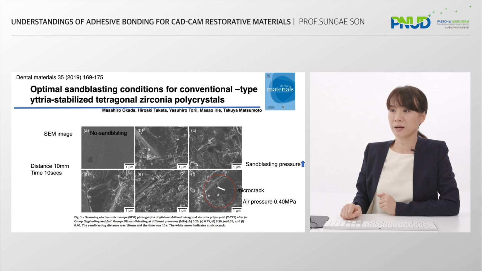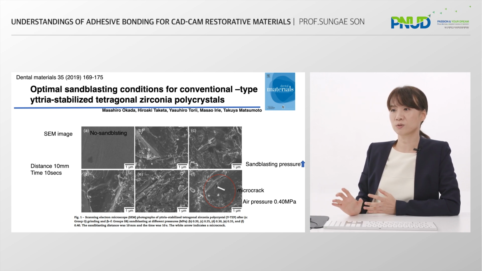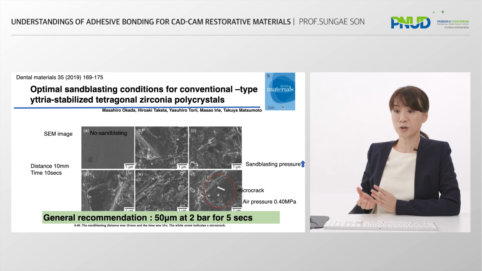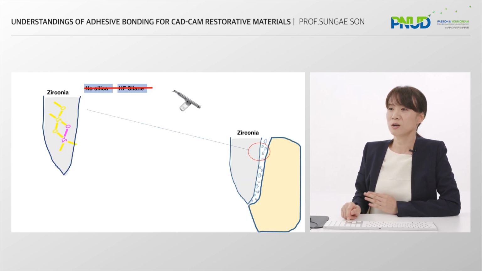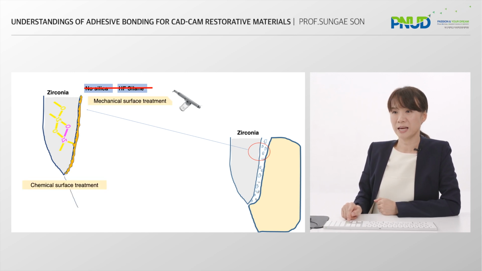What they found in this study is that when excessive air pressure was applied on the zirconia during sandblasting, microcracks can occur. Therefore, it is recommended that you follow the previously mentioned general guidelines during the sandblasting of zirconia. To summarize, the key points of surface treatment of zirconia CAD-CAM block are proper surface sandblasting and zirconia primer application.